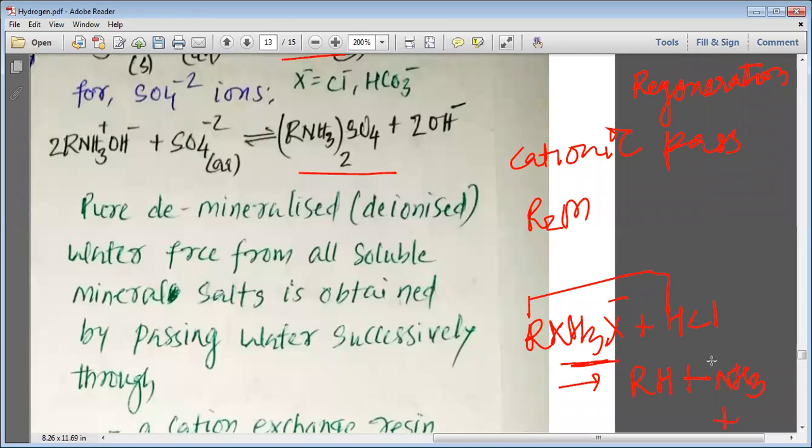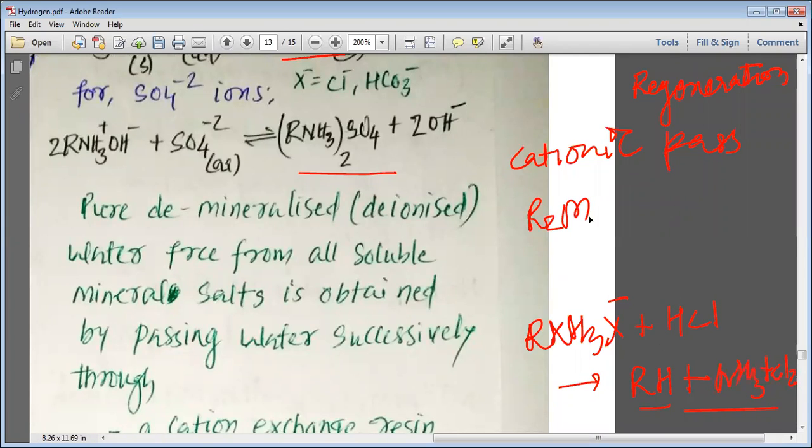When it reacts with acid, my dear students, we get RH, then we have Cl, and we get ammonia and we get Cl2. So this is what happens.